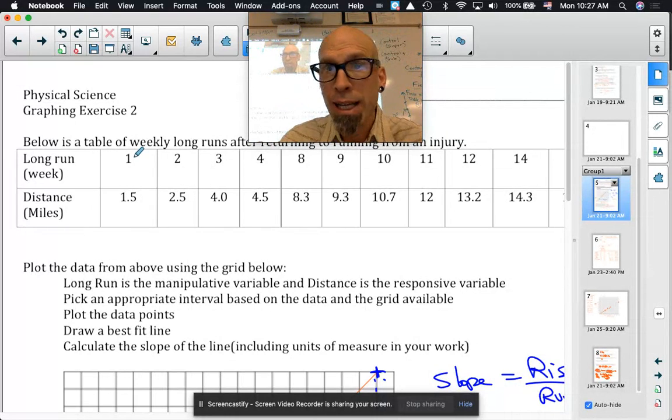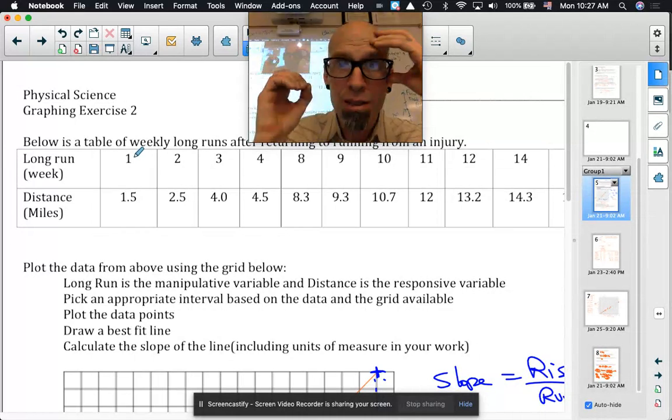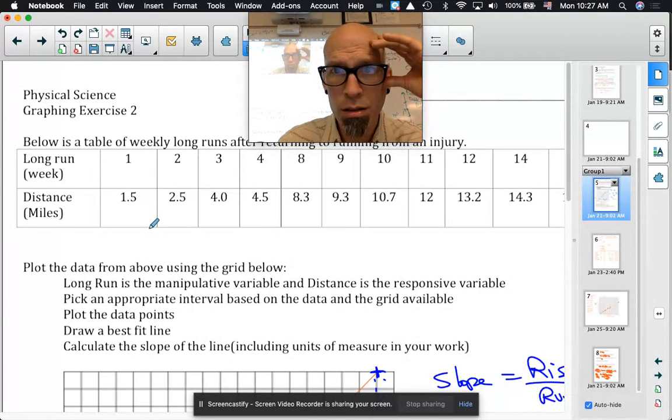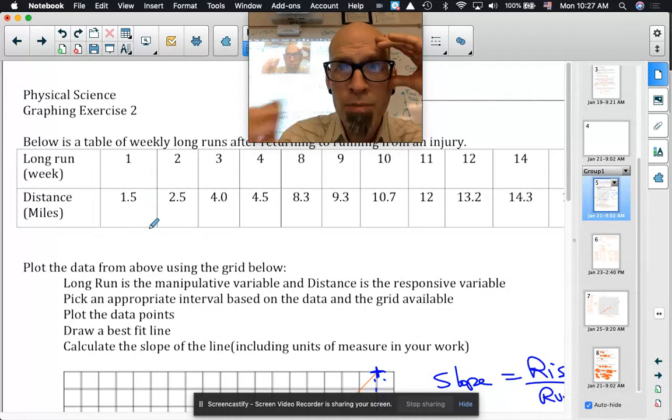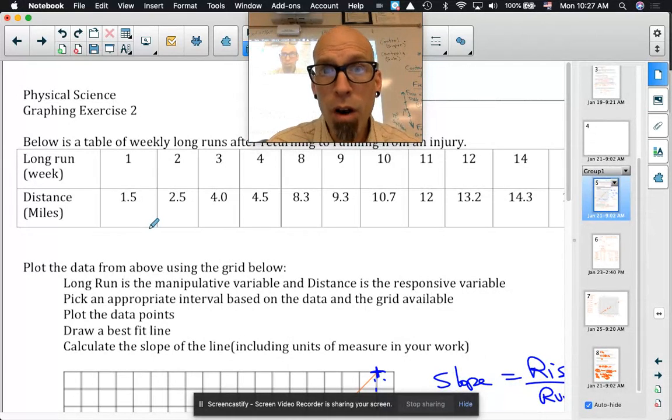Like at the beginning, like I hadn't even started yet. At week 0, how far did I run? Probably 0. I hadn't run yet. So what should our y-intercepts be? Probably close to 0. Is 0.4 miles close to 0? I mean, it's less than a mile. That's not very far, right?